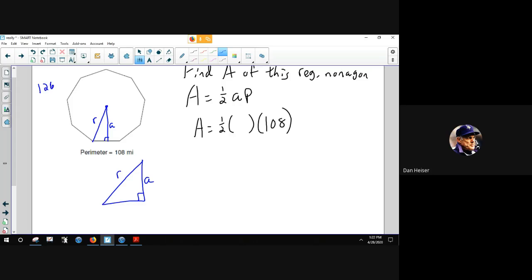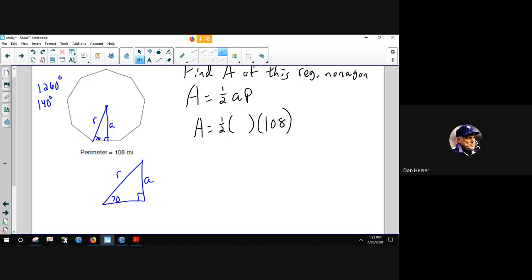That comes out to be 1,260 degrees. Dividing that by 9 angles, each angle is 140 degrees. Drawing the radius cuts 140 in half, making this a 70-degree angle.